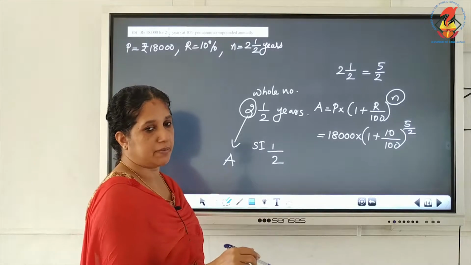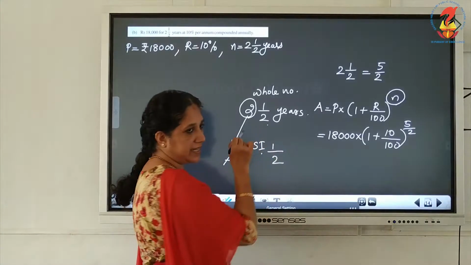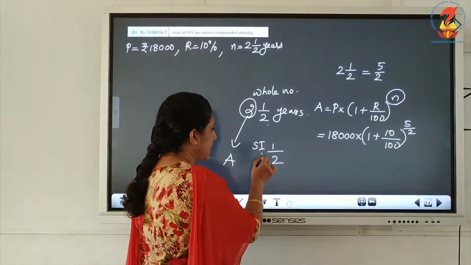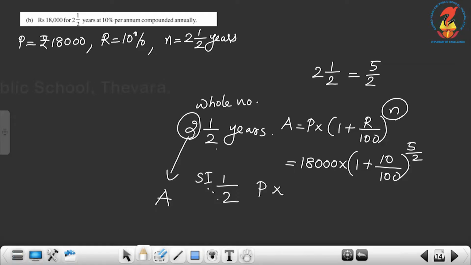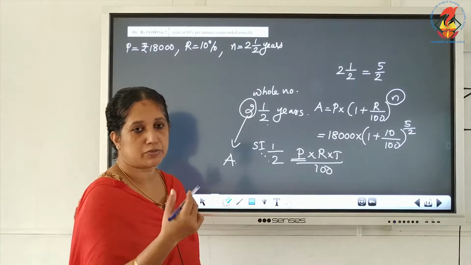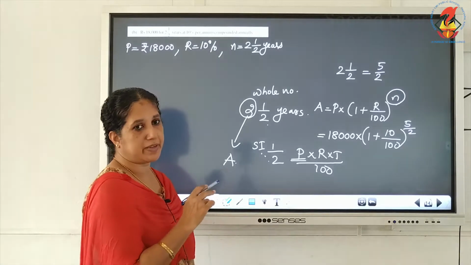Then using that amount, you have to calculate the simple interest for the remaining half year. For that, the simple interest formula is P into R into T divided by 100. The principal will be the amount at the end of 2 years, which you have to take as the principal.